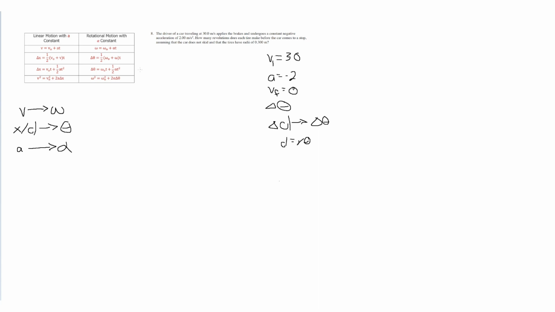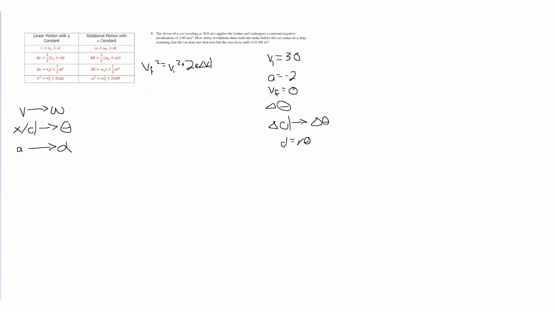We can say vf squared equals vi squared plus 2a delta d.